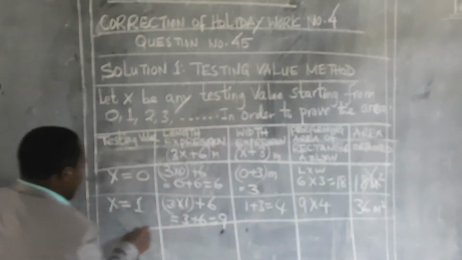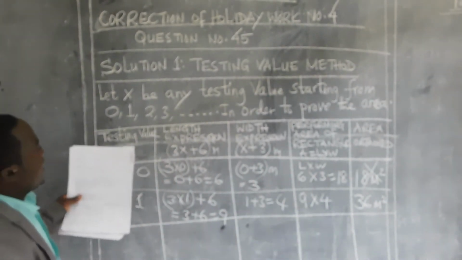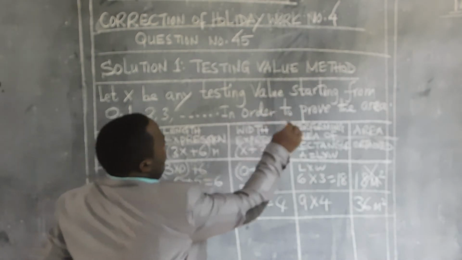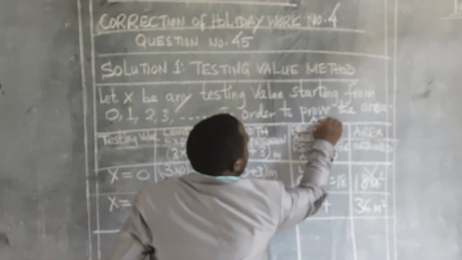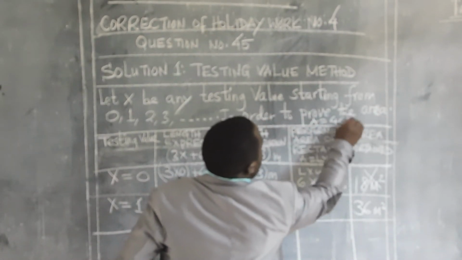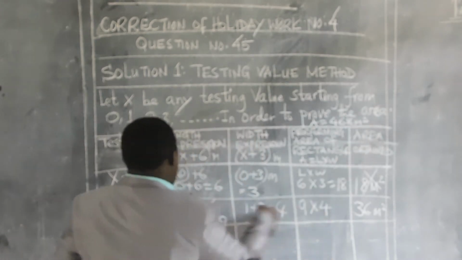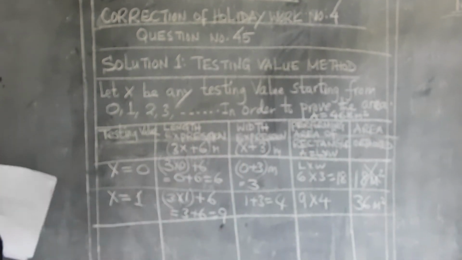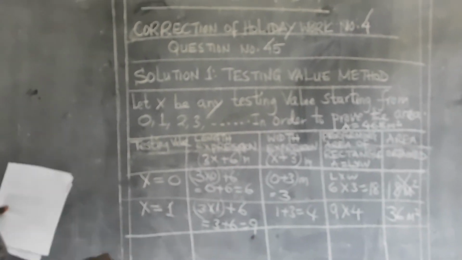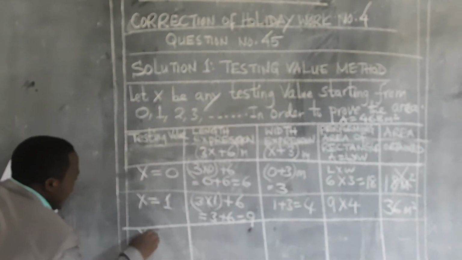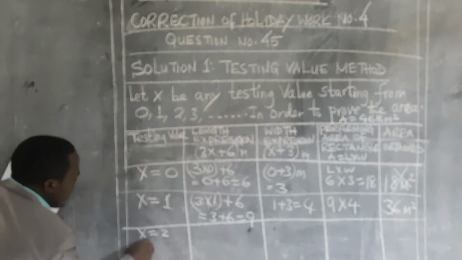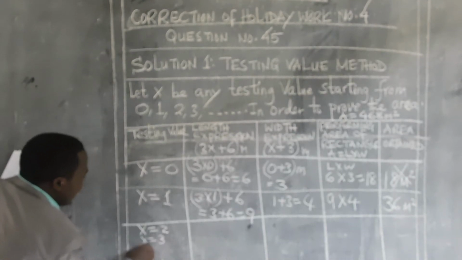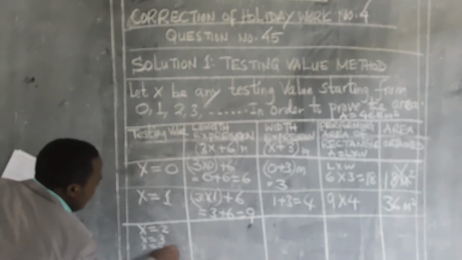This is not like the area given, because we are proving the area given, which is 468 square meters. So this value is not correct. I was showing how to prove. You will continue proving: x is equal to 2, x is equal to 3, x is equal to 4, and so on.